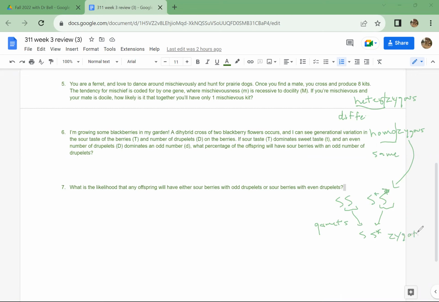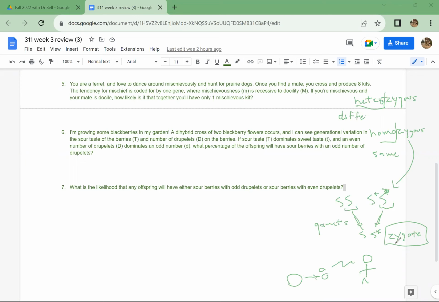The zygote is the diploid cell that results from the combination of two haploids. And this zygote is what we all started off as, a single cell with some combination of our parents' DNA. And then from this single cell, we underwent mitosis and grew into an entire organism. That is what zygotes is referring to.